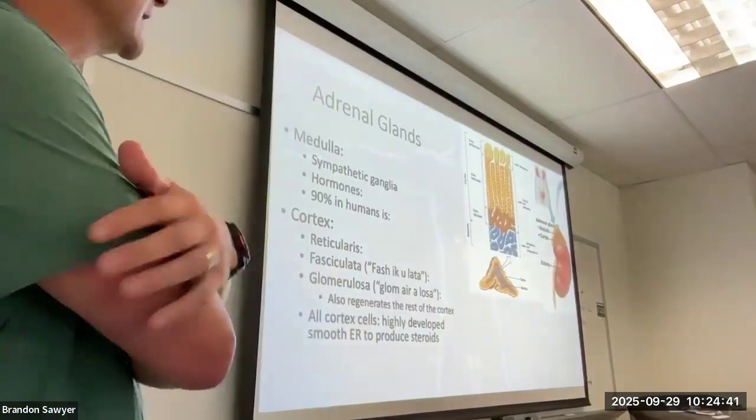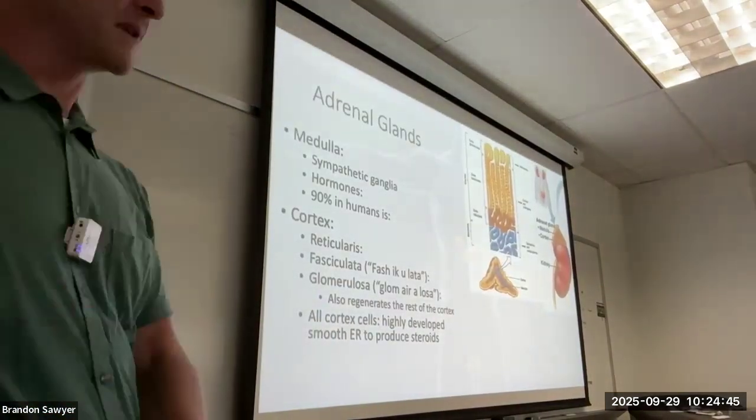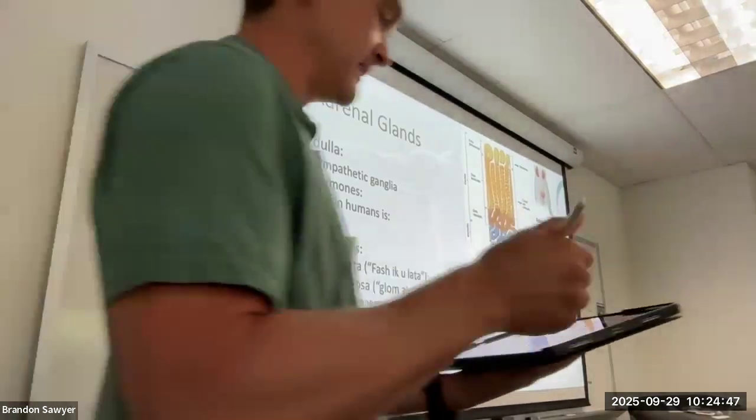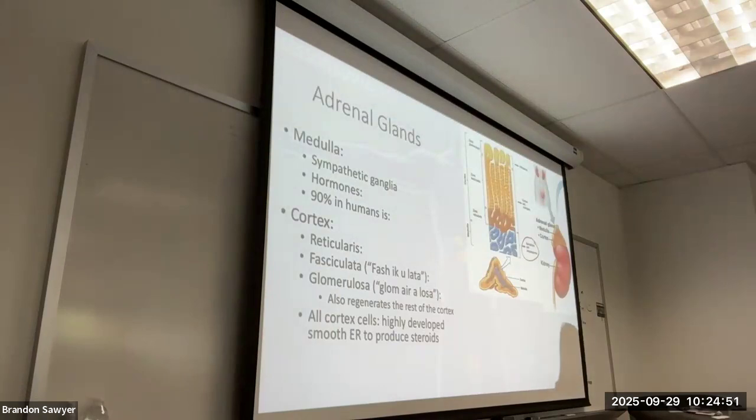Okay, and so let's talk a little bit about the anatomy of the adrenal glands first. So we've got first of all the middle part of it, the medulla, right? The blue part here is sympathetic ganglia, right? So these are neurons in the center of this little adrenal gland that sit on top of our kidneys, right?